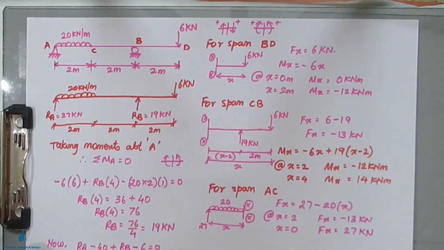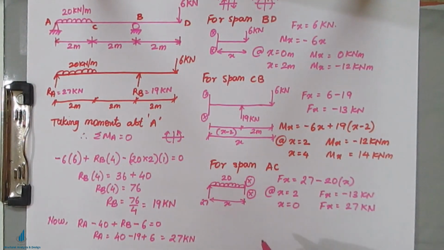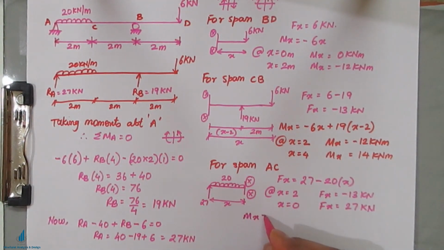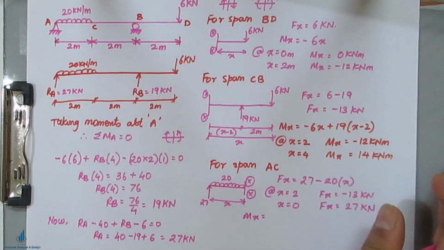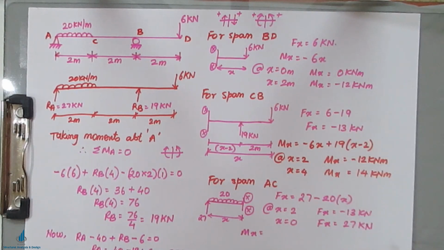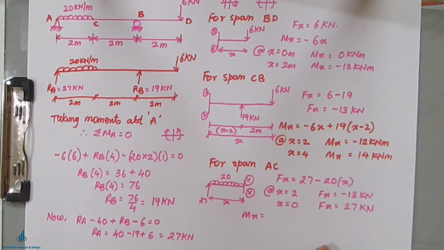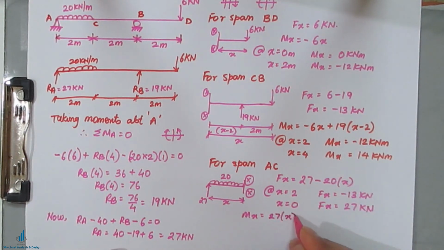The last part remaining is the bending moment for the span AC. Mx equals, now this 27 is rotating clockwise, and if you are taking the left hand side, clockwise is positive. So 27 into x, minus 20 acting at a distance x into x by 2.